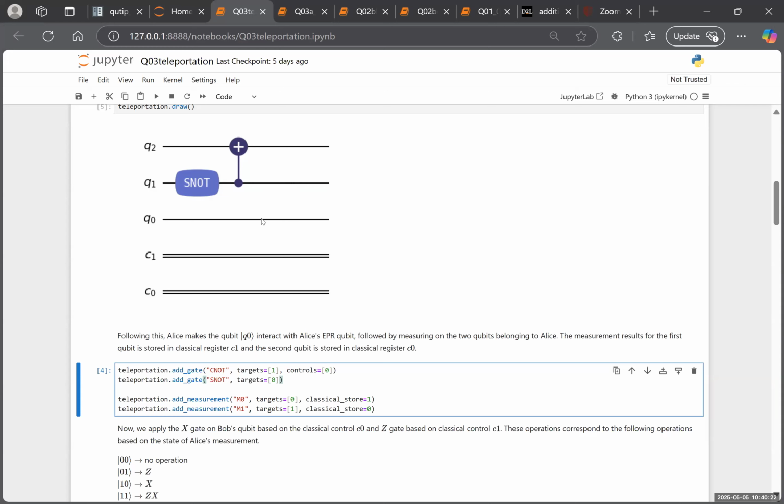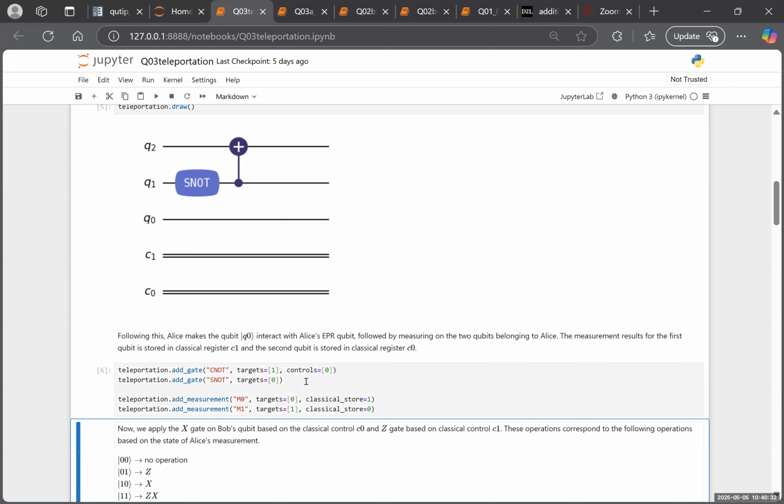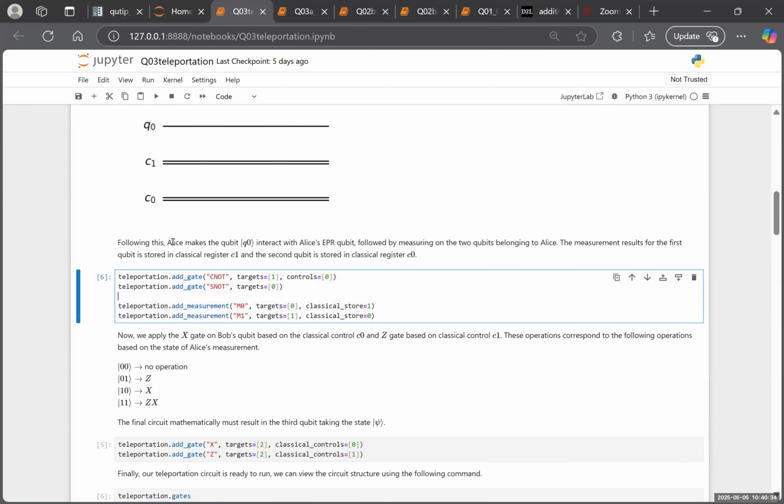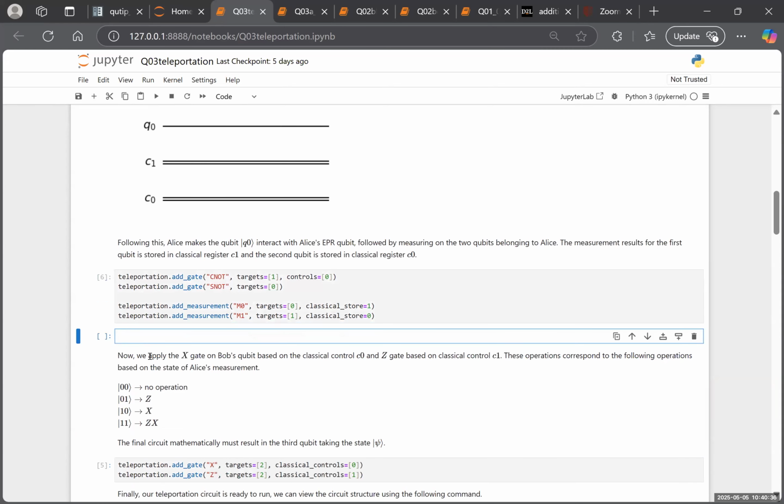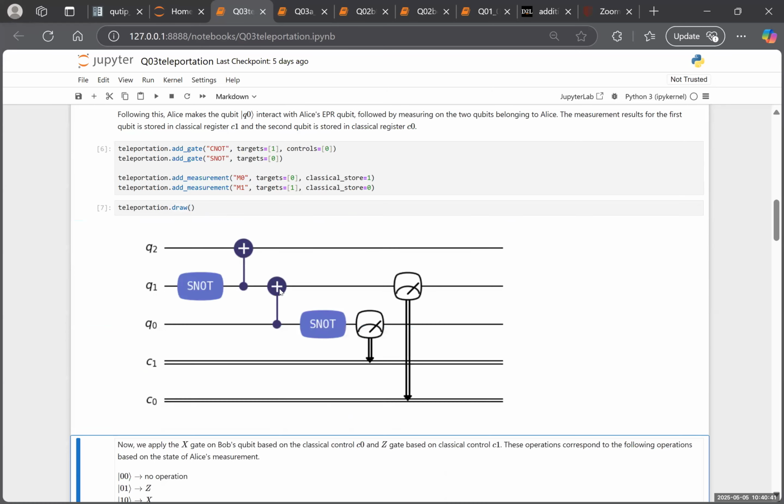So we need to, in some sense, add the reverse creation of the Bell basis state. So that's what it's doing here. Then you perform measurement. And that's the circuit. Right. So this is the reverse of this, but moved to qubits 0 and 1. And then you perform measurement.